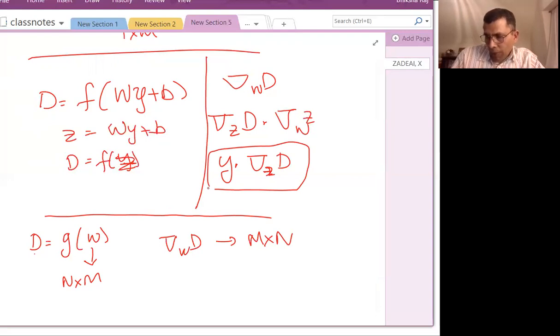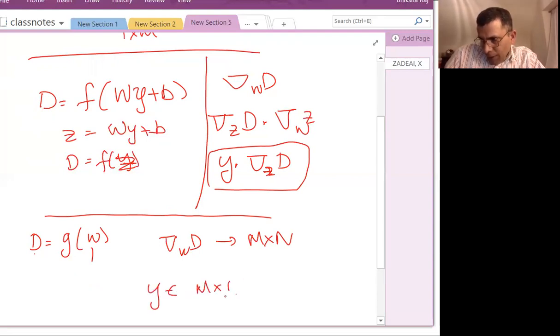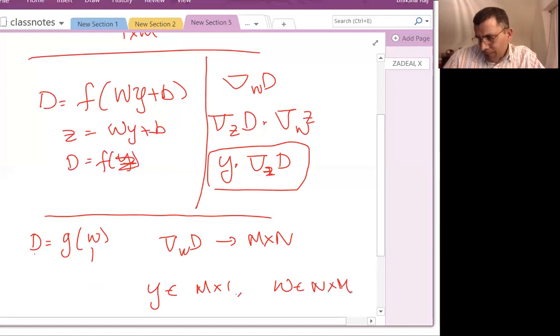So let d be a scalar, let y be an m cross 1 vector, and let w be an n cross m matrix.